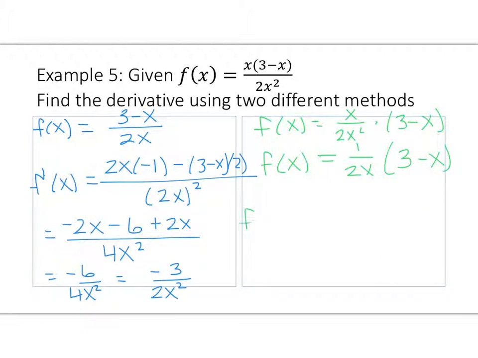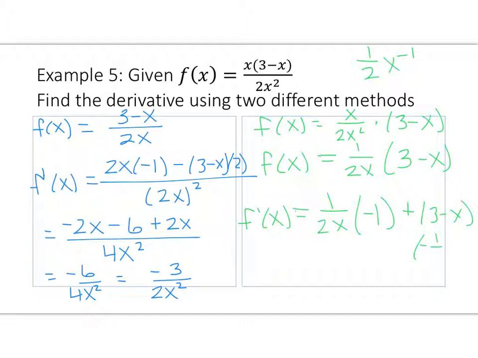So now to find my derivative, f prime of x, it's the first times the derivative of the second plus the second times the derivative of the first. So the derivative of 1 over 2x, remember 1 over 2x is really 1/2 x to the negative 1. So that's going to be times negative 1/2 x to the negative second.